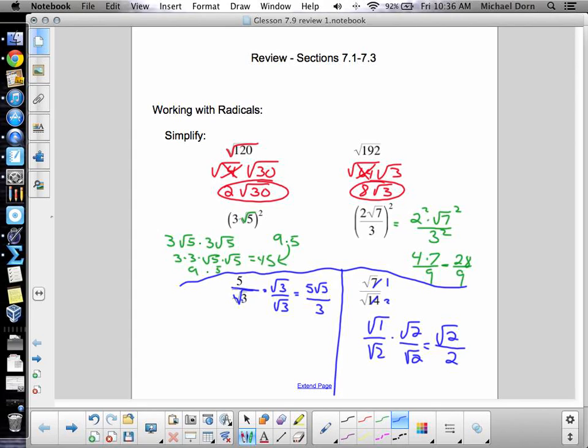So the process of simplifying radicals is going to be included as a separate section on this quiz, as well as being incorporated into a lot of the problems in the quiz, or on the test.